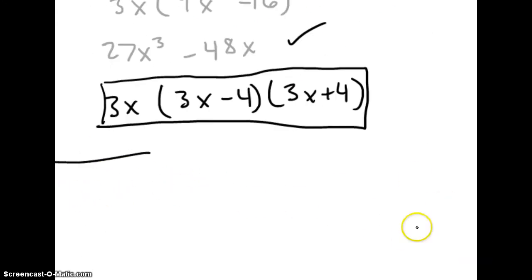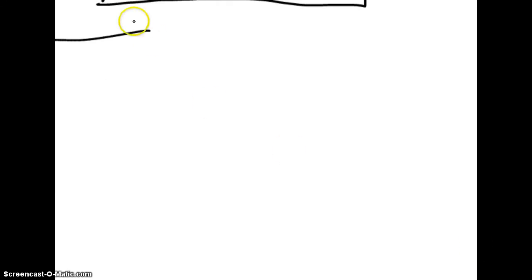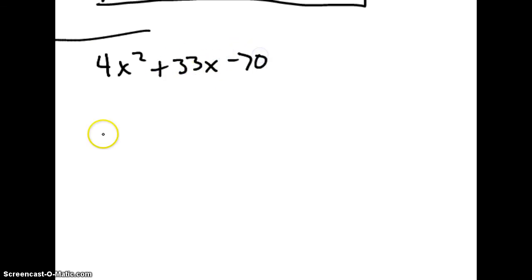Okay. Okay, final example. Let's do this in 3 minutes. If we start with 4x squared plus 33x minus 70, I don't have any common factors among these things. My GCF is 1, so I can't really factor anything out. I'm going to take AC.